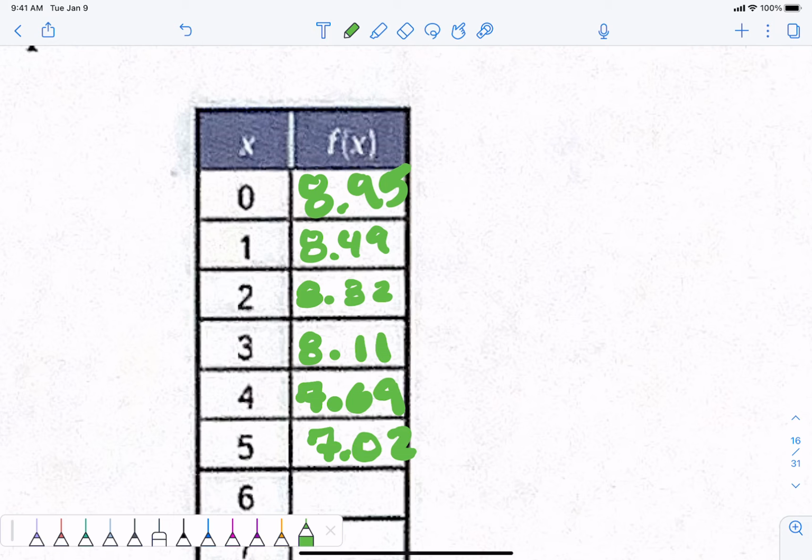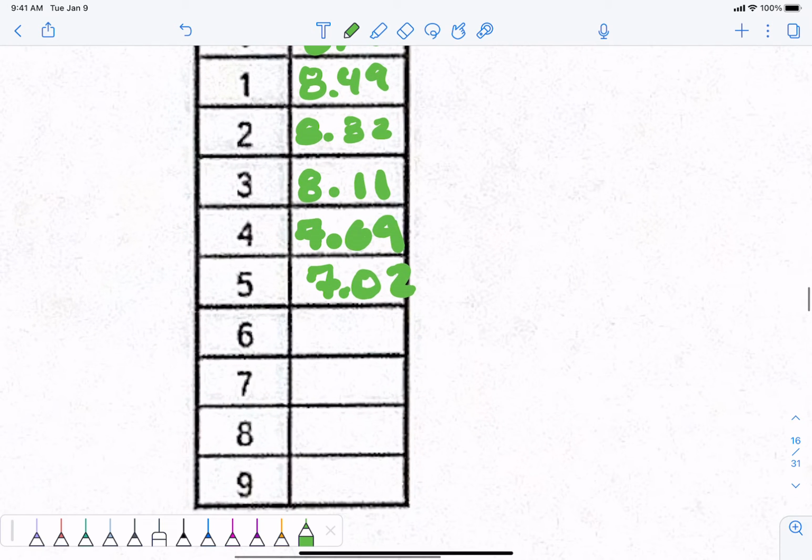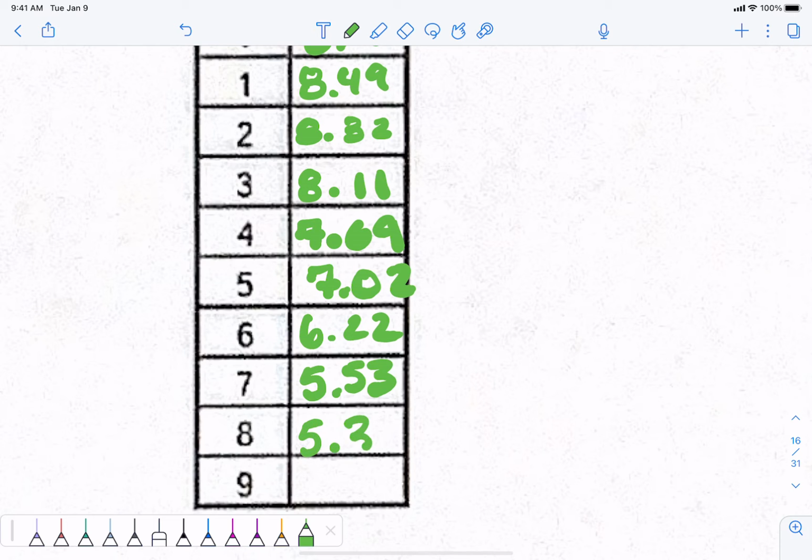Okay, 6 is 6.22. 7 is 5.53. 8 is 5.36. And 9 is 6.25. There you go.